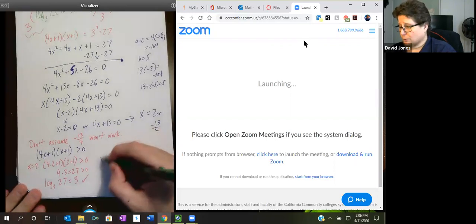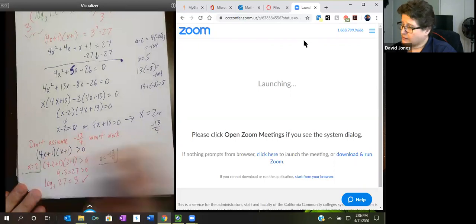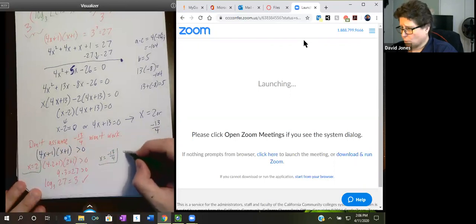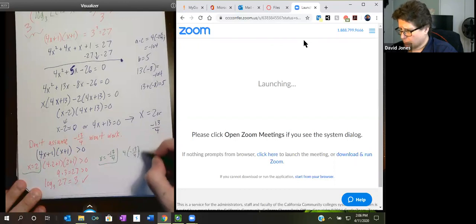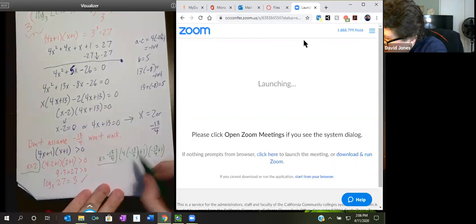We'll check x equals negative 13 fourths. 4 times negative 13 fourths plus 1, times negative 13 fourths plus 1. Let's see, this is negative 13 plus 1, which is negative 12.